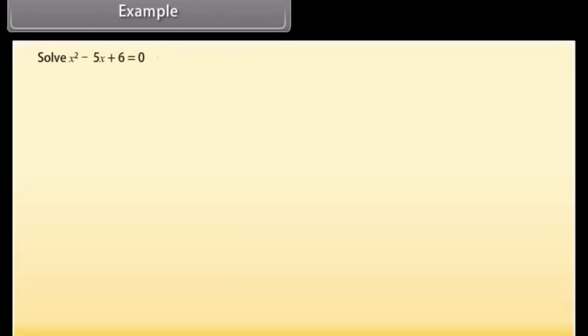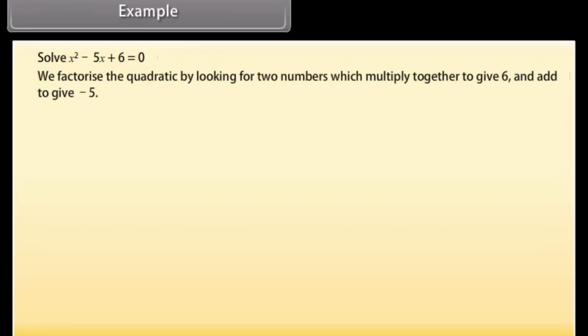Example. Suppose we wish to solve x square minus 5x plus 6 is equal to 0. We factorize the quadratic by looking for two numbers which multiply together to give 6 and add to give minus 5. Now minus 3 into minus 2 is equal to 6, and minus 3 plus minus 2 is equal to minus 5.